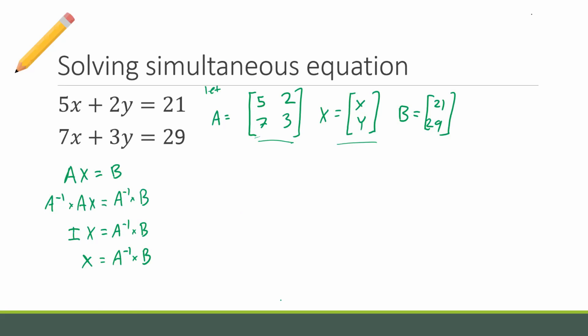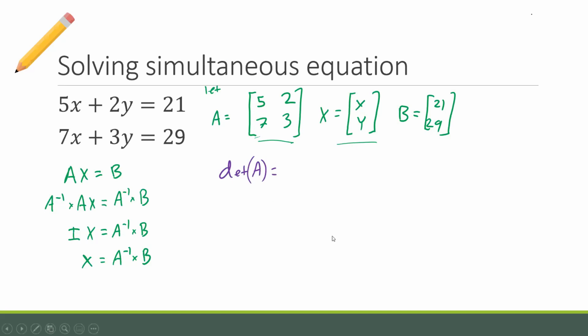And here's the only problem though, right? We've done all this work, but we don't know what the inverse of A is. So now we have to work out what the inverse of A is. Well, to find the inverse of A, the very first thing we need to do is find the determinant of A. Can someone calculate for me what's the determinant of A?